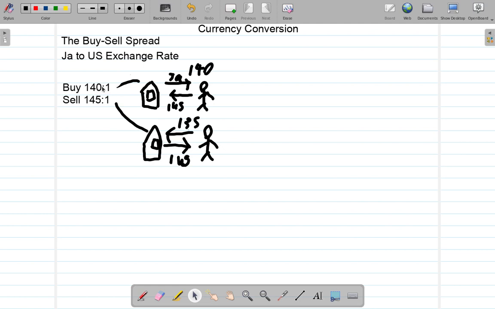Here, the Jamaican dollar is strong, meaning the US dollar will be weak. So when you compare them, you're looking at a weak US dollar compared to a strong Jamaican dollar.